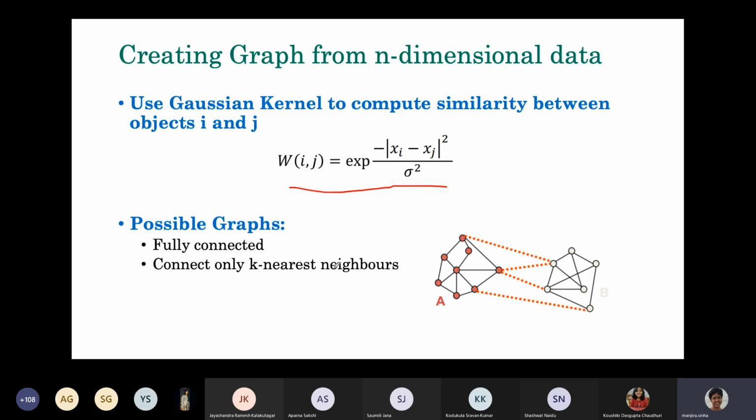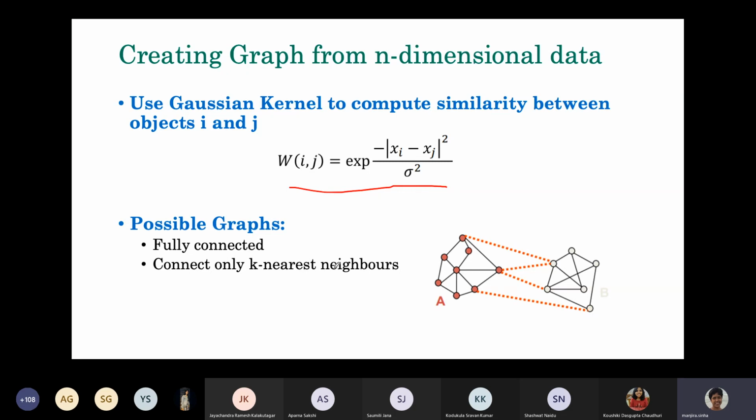They may be very distant from one another, but we will still connect every two nodes in the graph, and we will assign the similarity values accordingly. So we will come up with a fully connected graph, which means that every two nodes in the graph are connected.